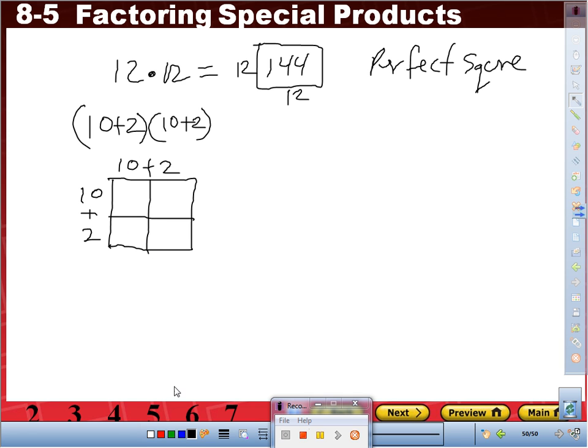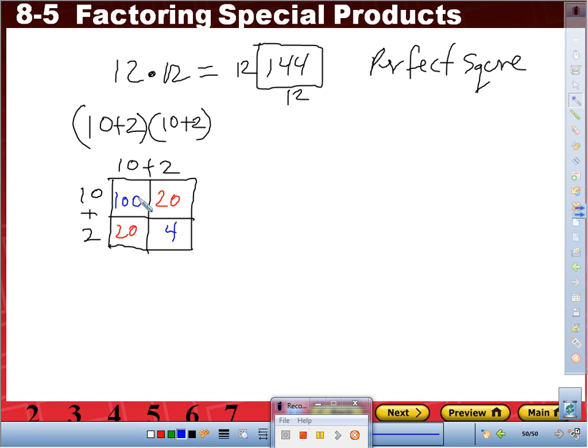Remember that? Just pay attention. You're not writing anything down. What is 10 times 10? 100. What is 10 times 2? 20. What is 2 times 10? 20. And what is 2 times 2? 4.